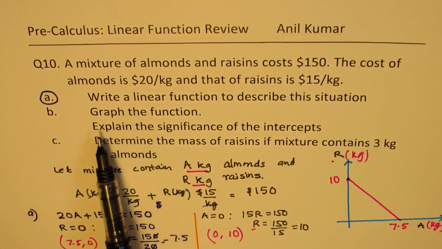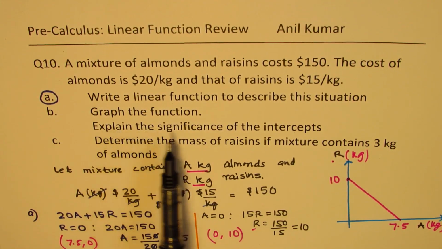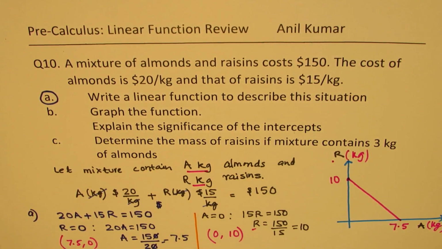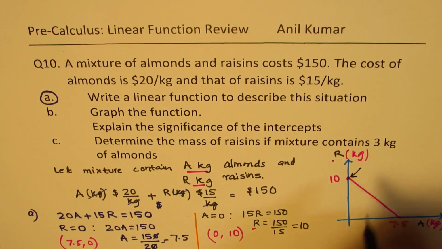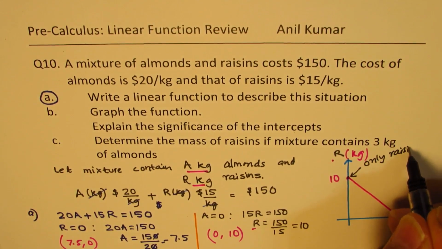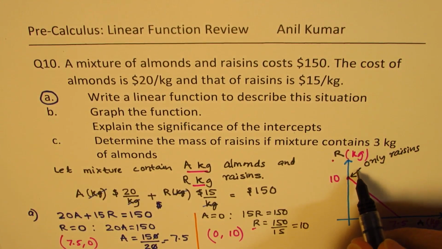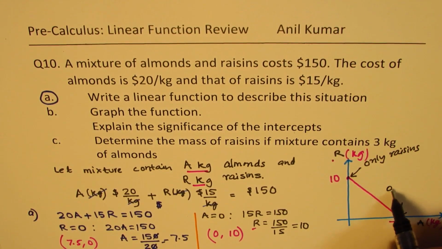Now let's do part B. We have already done the graph. Explain the significance of the intercepts. Now these are the two intercepts. Here we mean the mixture is only raisins, no almonds. In this case, this point means only almonds.